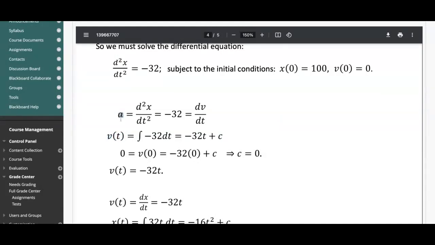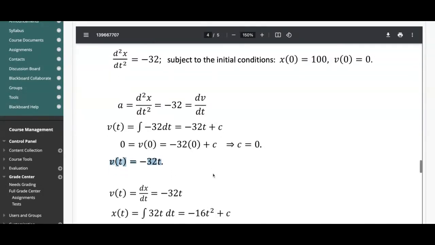Integrating negative 32, we get negative 32t plus a constant. Then we use the initial value to solve for c. In this case, c is just 0. So the velocity function is negative 32t.